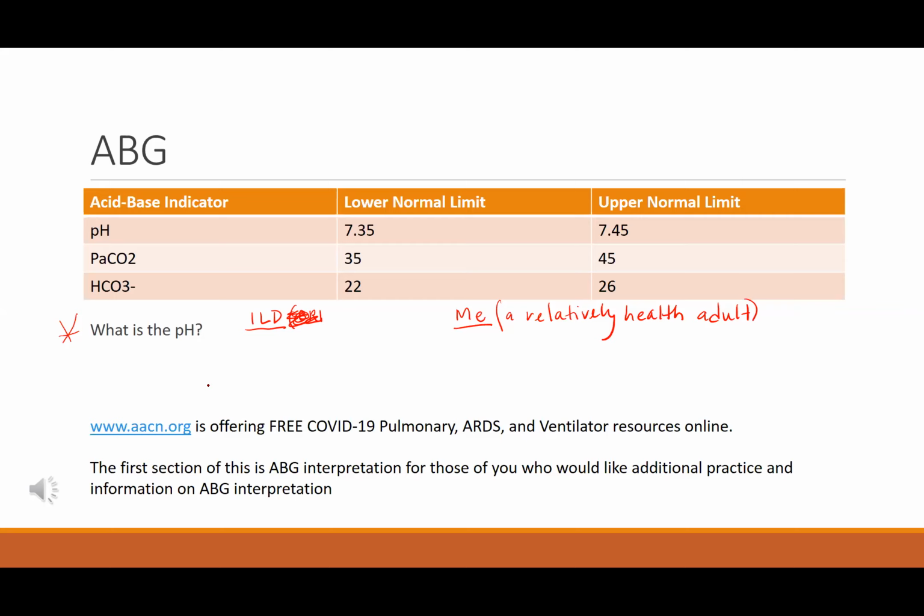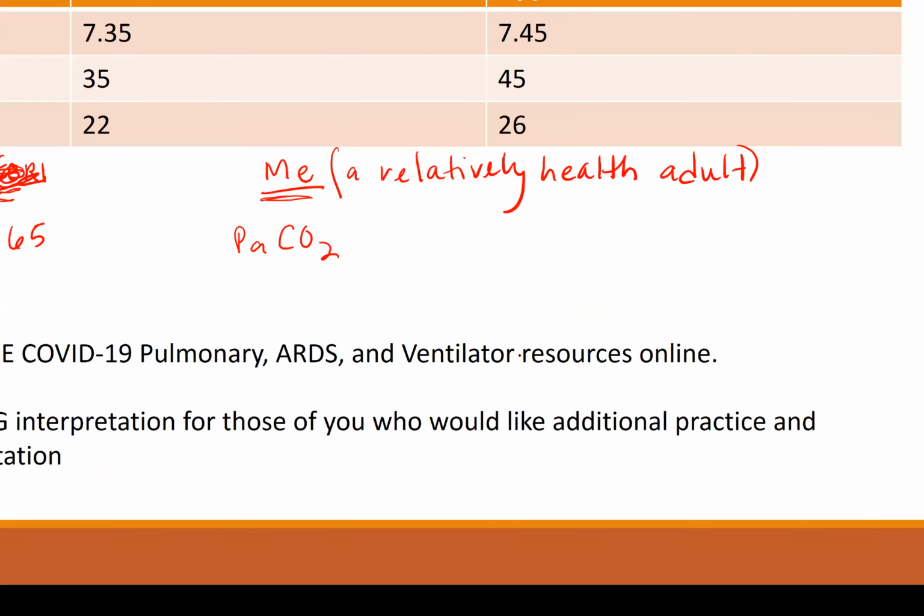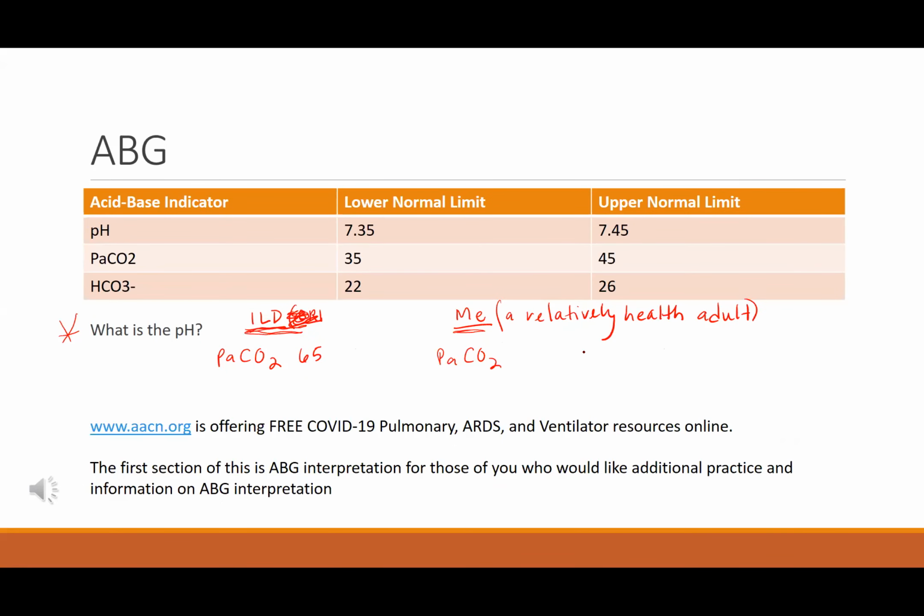So let's say this person with really bad respiratory disease, they're walking around with their PaCO2, so their carbon dioxide from their blood gas, of, let's say, 65. Okay? My PaCO2 in this scenario is also going to be 65.